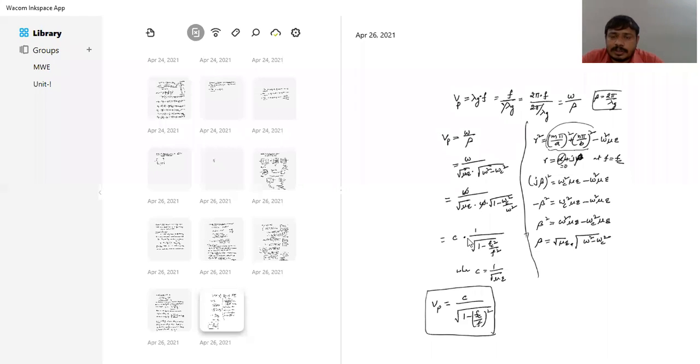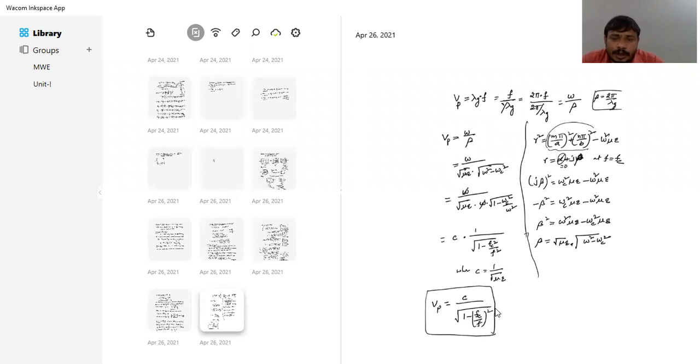That is equal to c into 1 by root 1 minus fc by f whole square, converting omega to frequency, 2 pi fc and 2 pi f, where the 2 pi cancels, and c is equal to 1 by root mu epsilon. So Vp is equal to c by root 1 minus fc by f whole square.